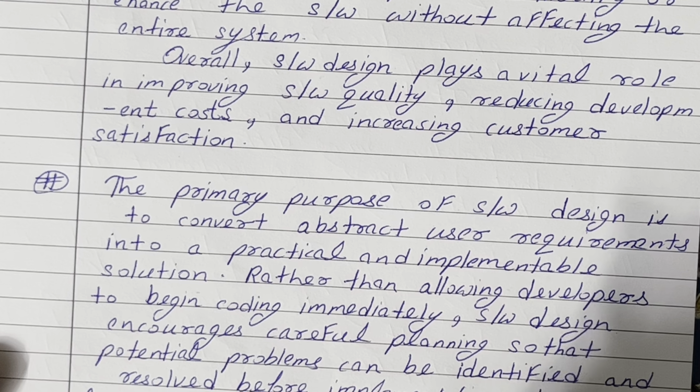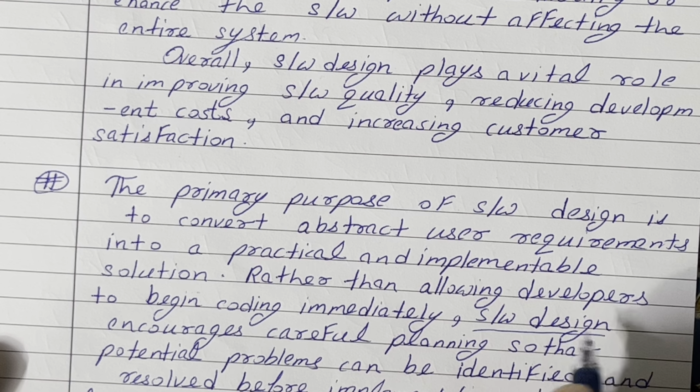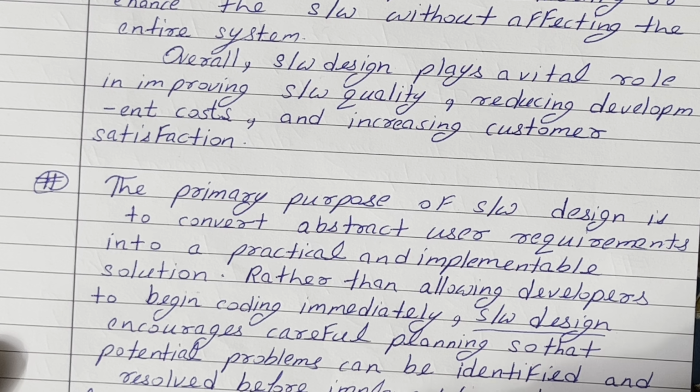And here, rather than allowing developers to begin coding immediately, software design encourages careful planning so that potential problems can be identified and resolved before implementation starts. As a result, software development becomes more organized, reliable, and cost effective.